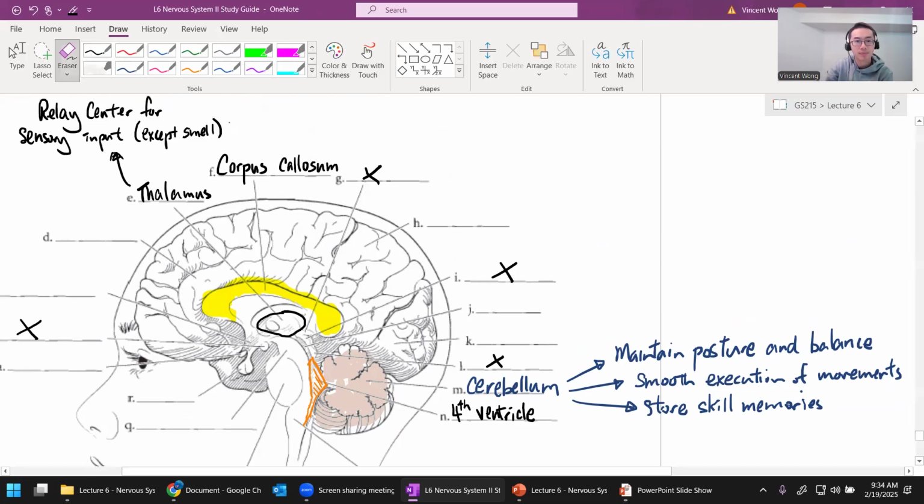The corpus callosum is a bundle of white matter for communication between the hemispheres.